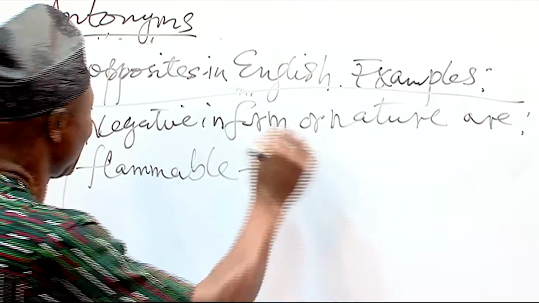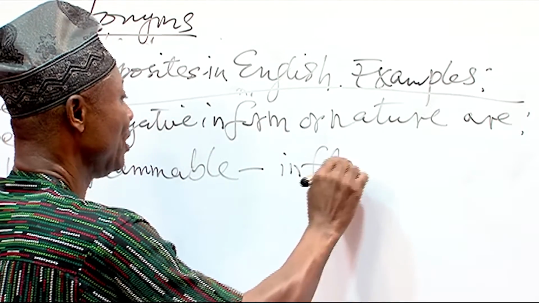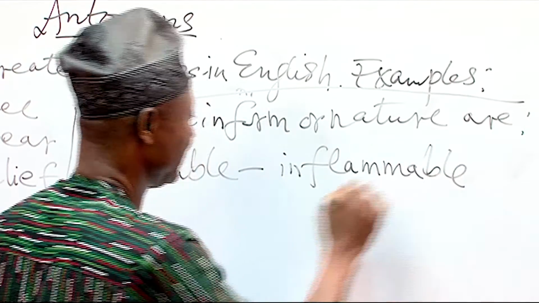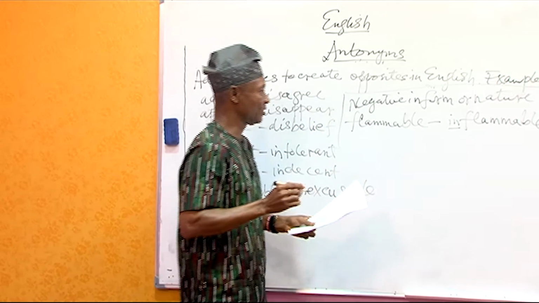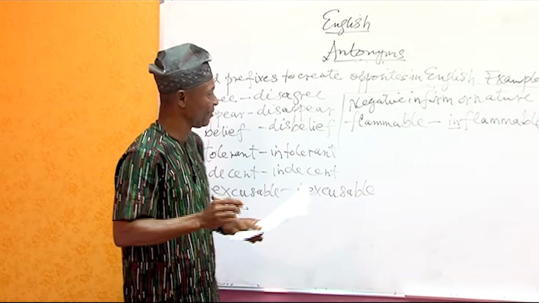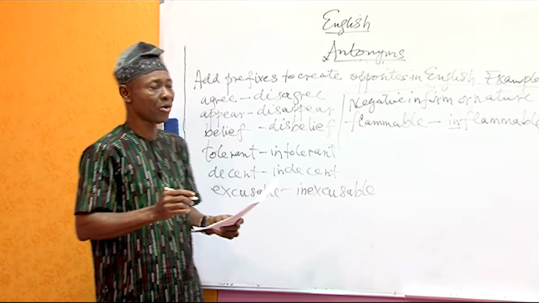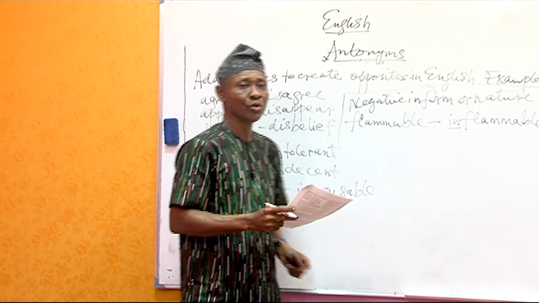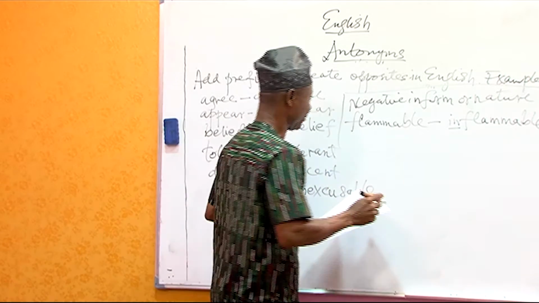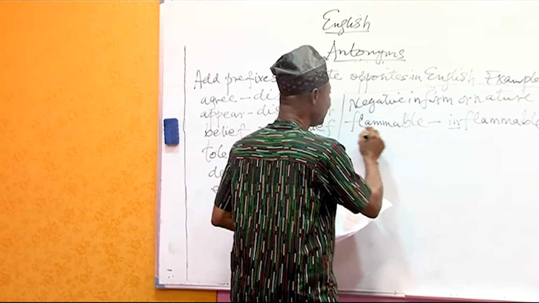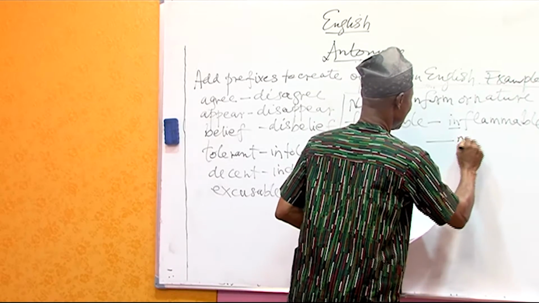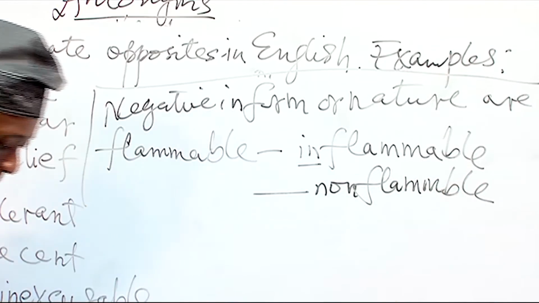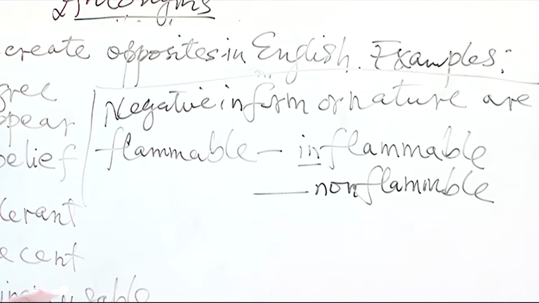The negative aspect of flammable is inflammable. Even though this in added to flammable is not actually a prefix, a student or a candidate who has not taken time to study the meaning of the two words can misfire. So the opposite of these two words will give you what we call non-flammable. So students are advised to take note of this.